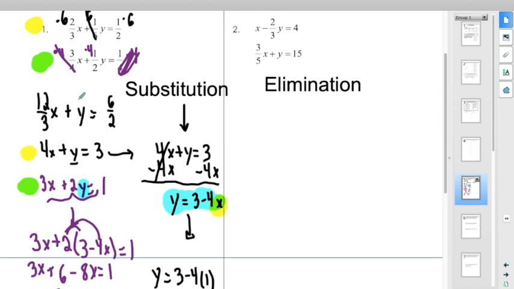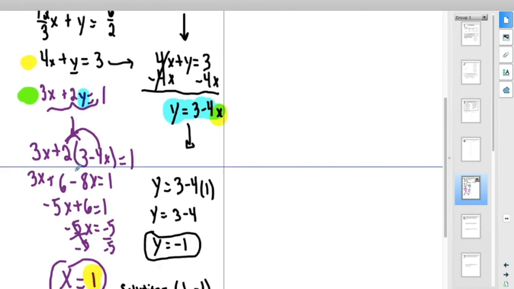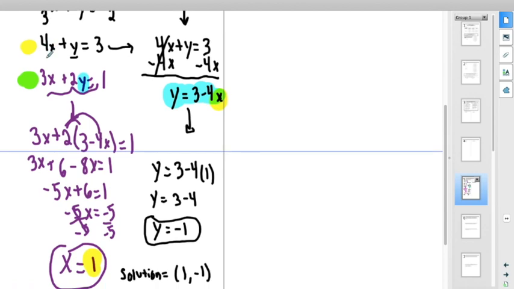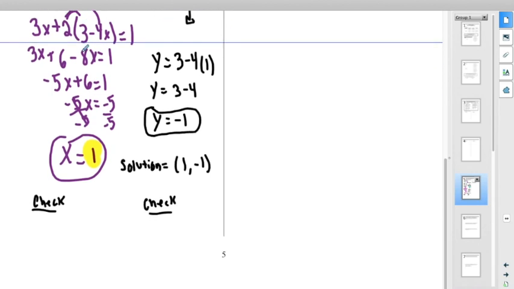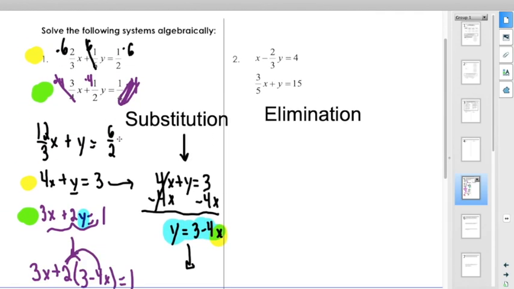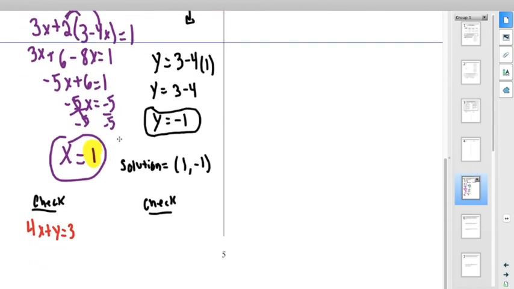But to make my life easier, let's just substitute it back into these equations. So the first one I'm checking is 4x plus y equals 3. And the other one that I'm checking is 3x plus 2y equals 1.